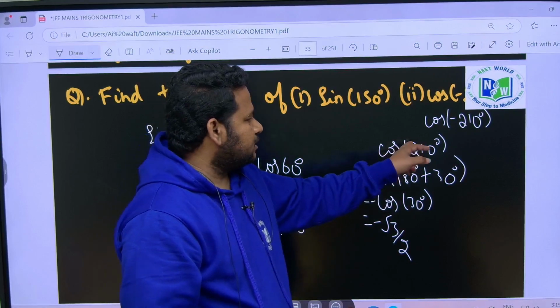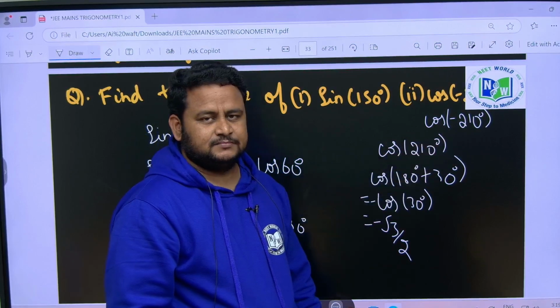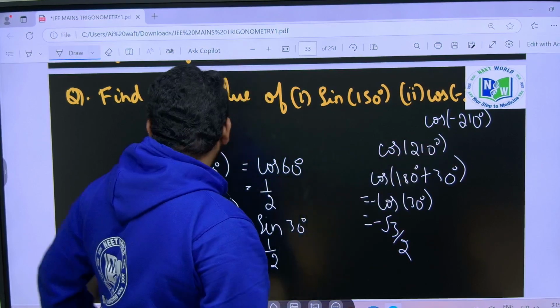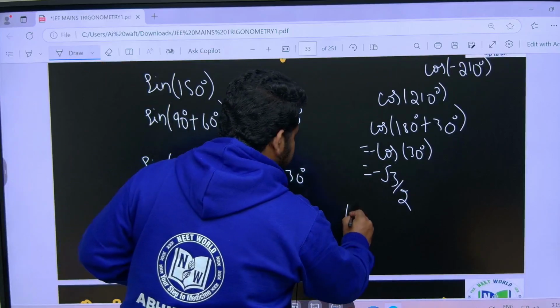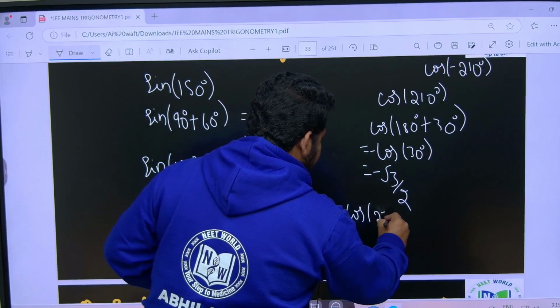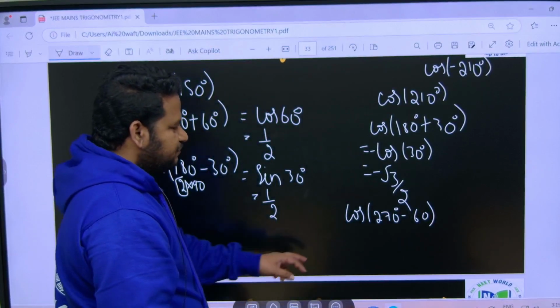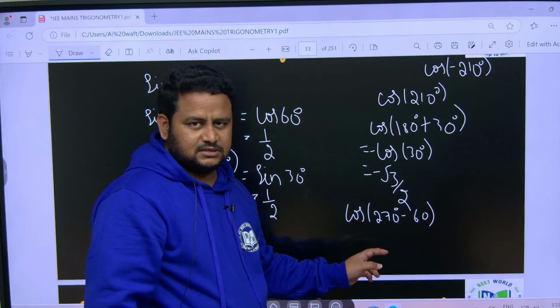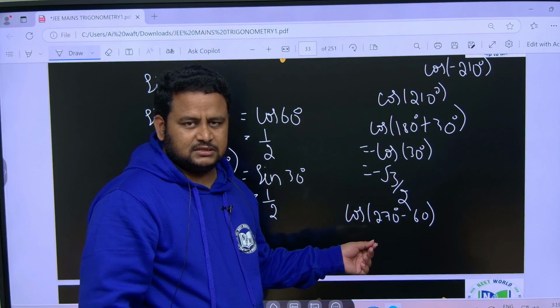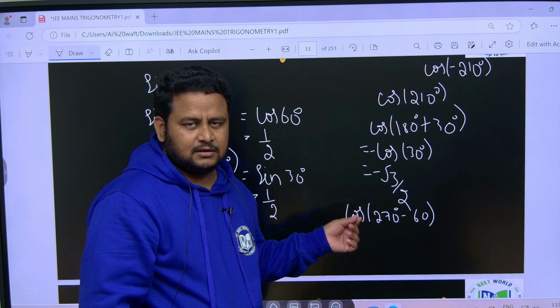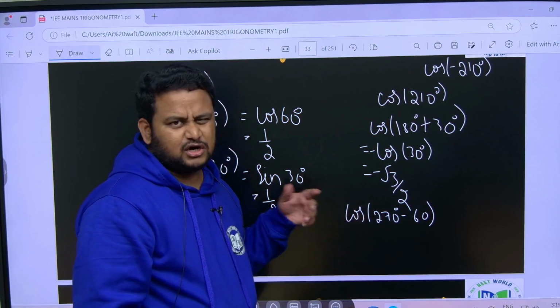Otherwise, you can take cos of 270 minus 60. Let us solve that way also. Cos 270 is 3 times 90, that is an odd multiple, so we have to change.